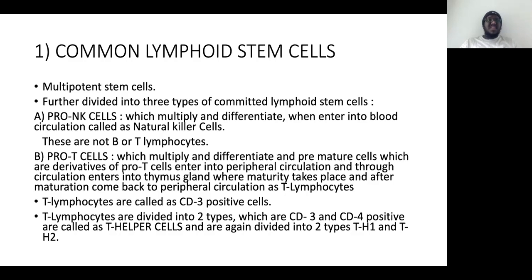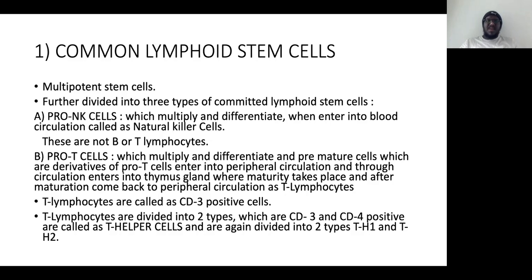Next is pro-T cells, which multiply and differentiate, and premature cells, which are derivatives of pro-T cells, enter the peripheral circulation, and through circulation enter the thymus gland where maturation takes place, and after maturation come back to the peripheral circulation as T lymphocytes. T lymphocytes are called CD3 positive cells.